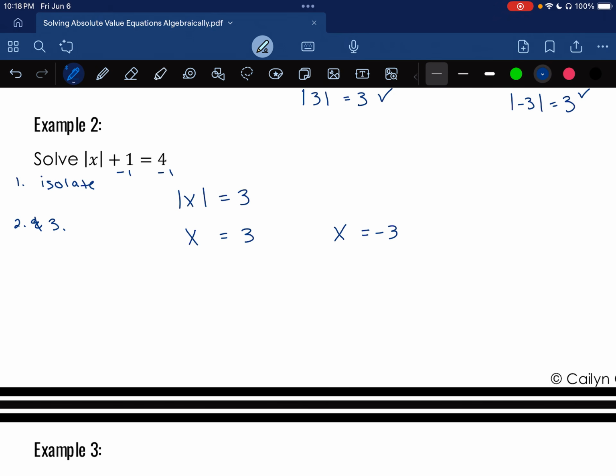So x could have been 3, could have been negative 3. All right, so then we will check our work. Really, the point of this example is to get you to isolate this guy. All right, so now we're checking our work. Absolute value plus 1. Maybe it's 4. I don't know.